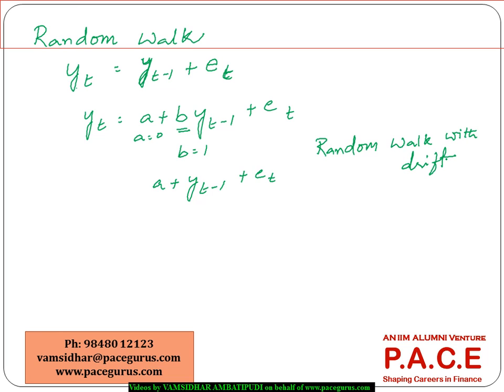Only when this particular model is neither a random walk nor a random walk with a drift, then only I am looking at it as covariance stationary, which means if b is lesser than 1, then it exhibits covariance stationarity, and then the value will follow a mean reverting level, and the absolute value of the coefficient of the lag variable will be less than 1 itself.